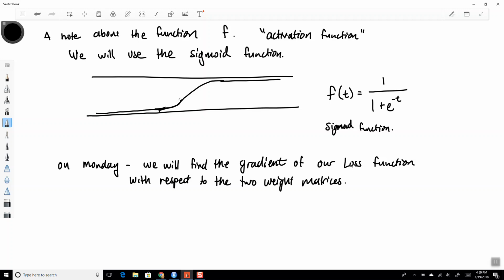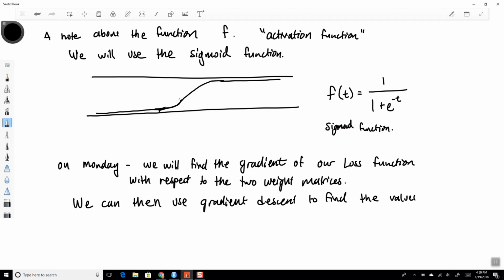What this will allow us to do is then use gradient descent, so we don't lose sight of the big picture, to find the values that should go in W1 and W2 that minimize the loss function.